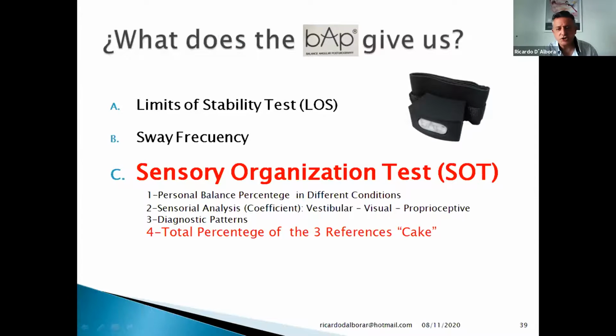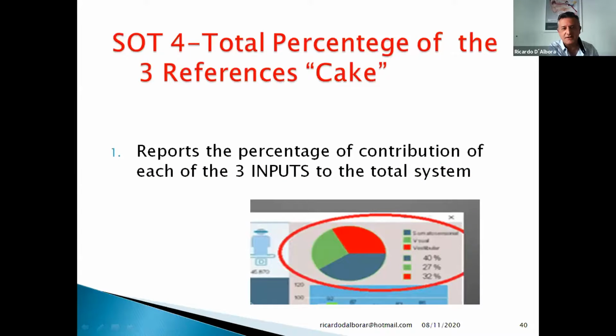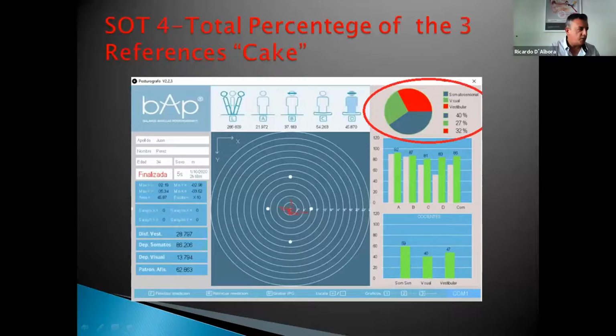Total percentage of the 3 reference inputs, different inputs, sorry. We can see at the back the percentage contribution of the 3 inputs here: visual, vestibular, and proprioceptive.